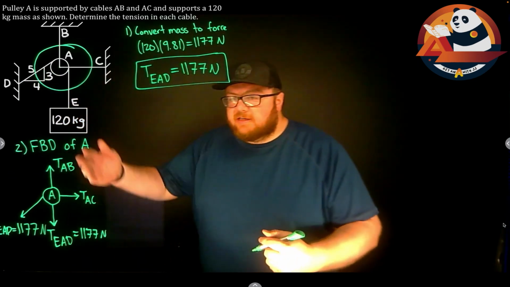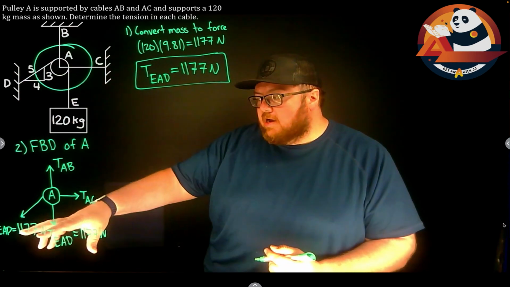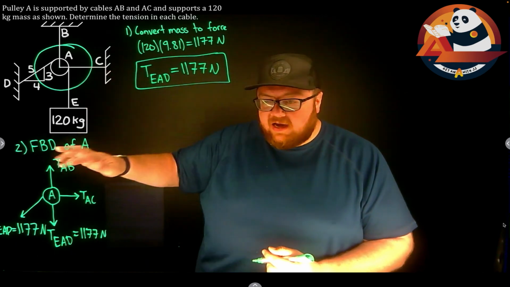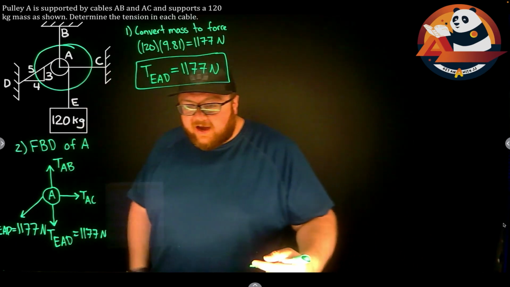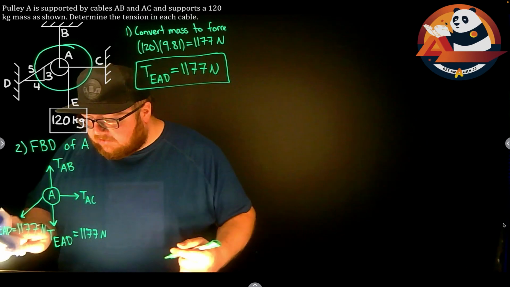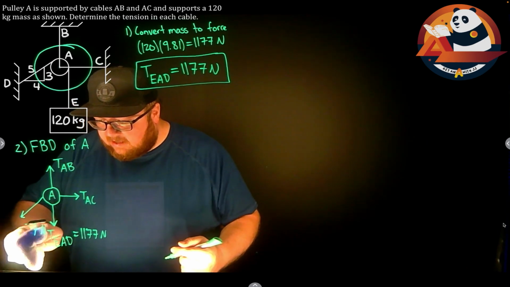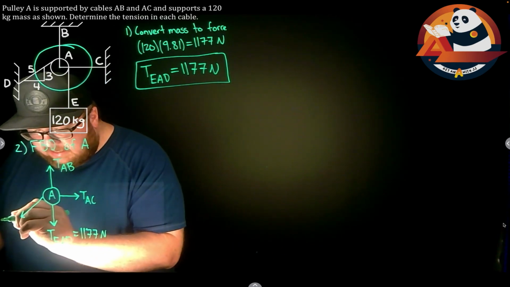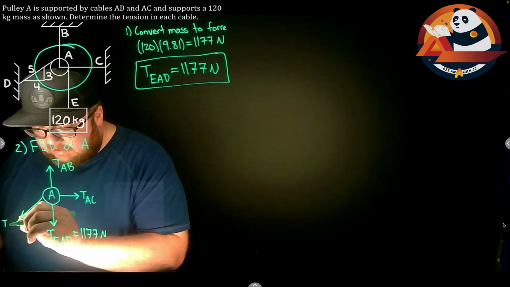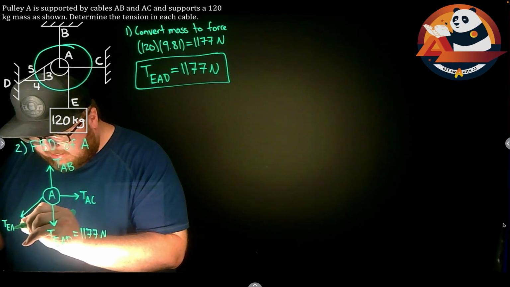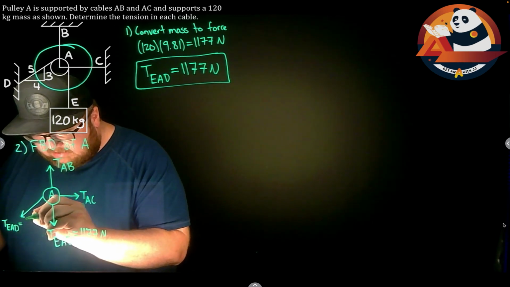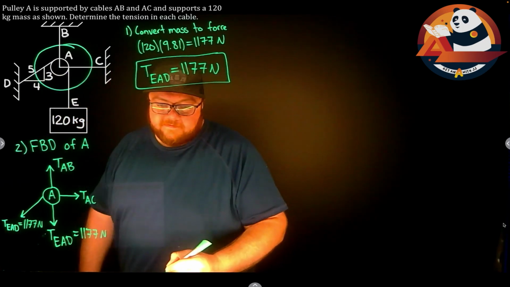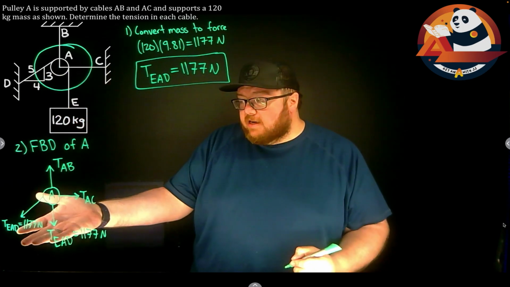Even though our cable has gone up and around our pulley in there, the tension in the cable never changes for us. It's always going to be the exact same as we move our way through things. So we know that one. Let's redraw how that's labeled in here to get it all on the screen. TEAD is 1177 newtons.